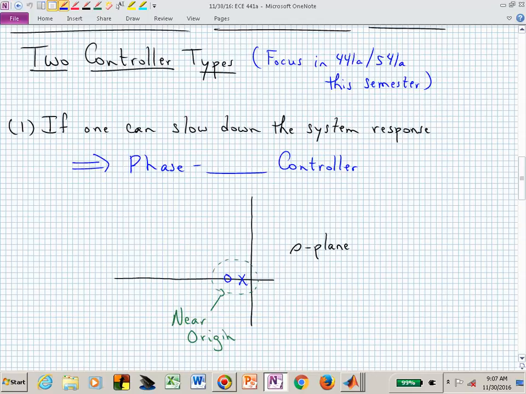What kind of phase controller are we using if you are allowed, if it's okay, to slow the system down? Phase lag. You win what's behind door number 1, which keeps opening, but that's okay. We only have 2 doors in this class, so it's very appropriate for phase lag and phase lead.